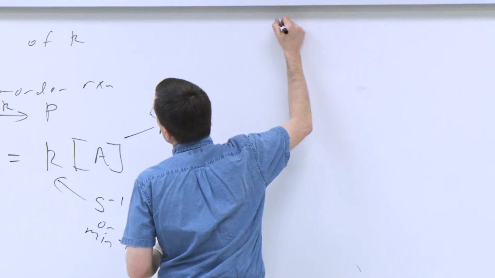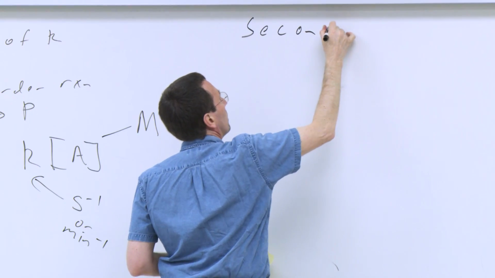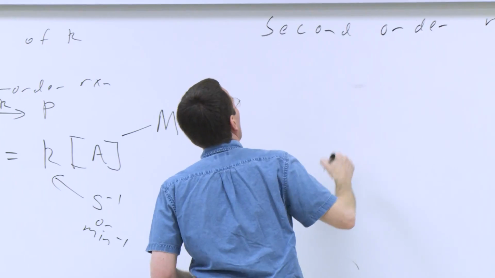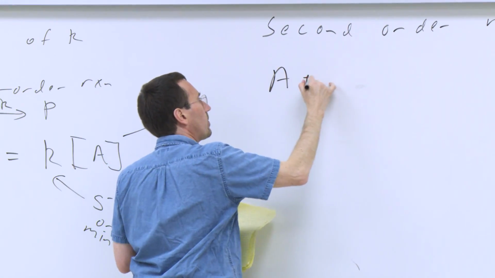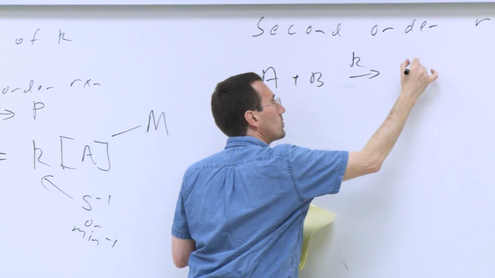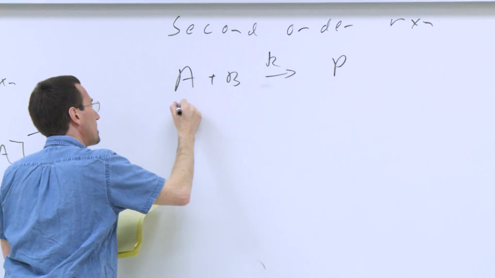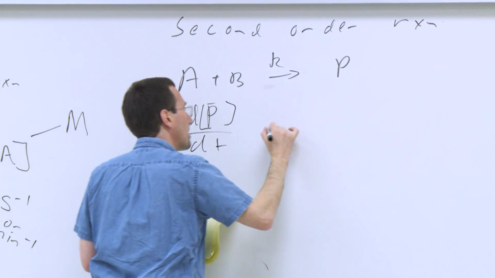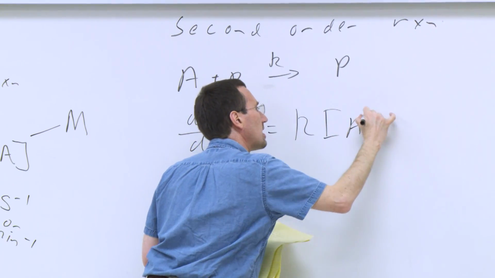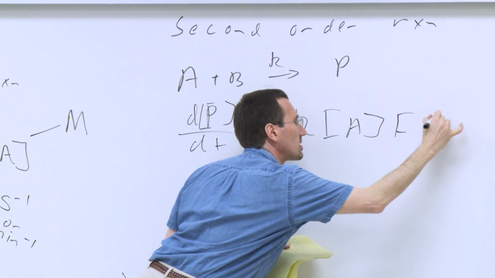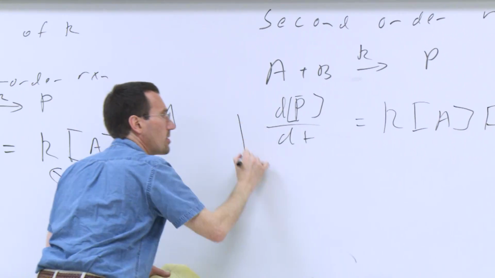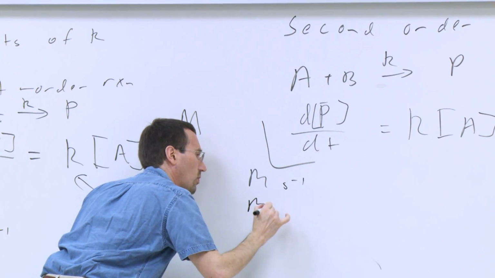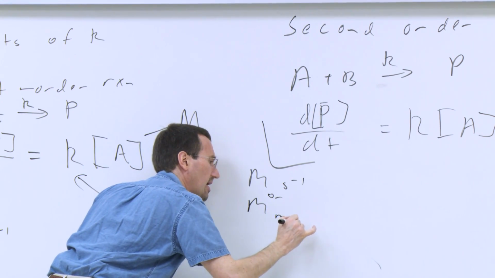If we now look at a second order reaction, and we do the same thing, A plus B goes to product with rate constant k, d[P]/dt equals k times concentration A times concentration B. Our units on the left side of the equation are still molar per second or molar per minute, depending on how you make your measurements.